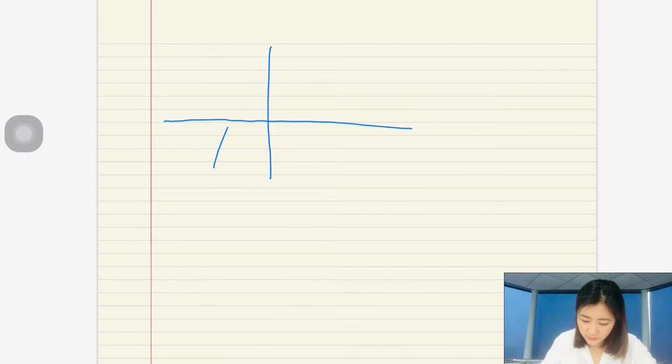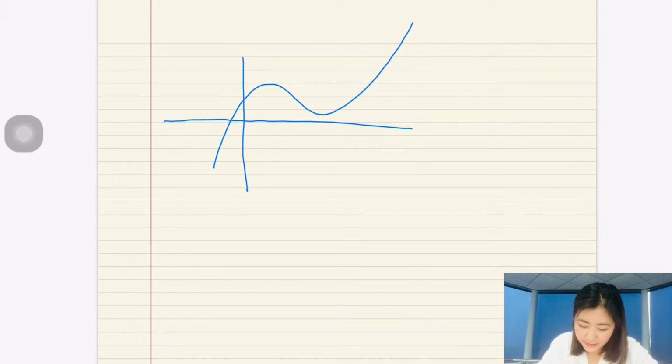If you have, for example, this graph, let me write it in a more general way, with x and y. Here is your maximum, and this is your minimum.